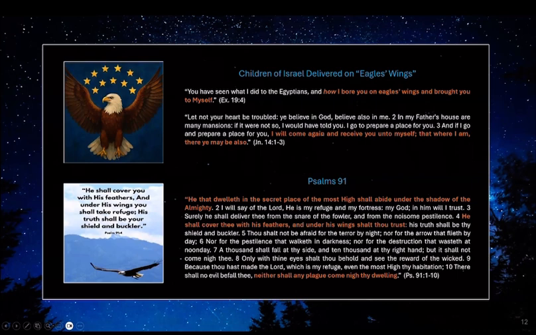So those who are dwelling in the secret place of the Most High, which anciently was in the most holy place, right where the Shekinah glory manifested itself above the mercy seat, that's where you're going to be protected. Those who are in harmony with what's being symbolized there, which is the Ark of the Covenant, which is the Ten Commandments, right? Those who are keeping his commandments, they are going to be shielded from the plagues.